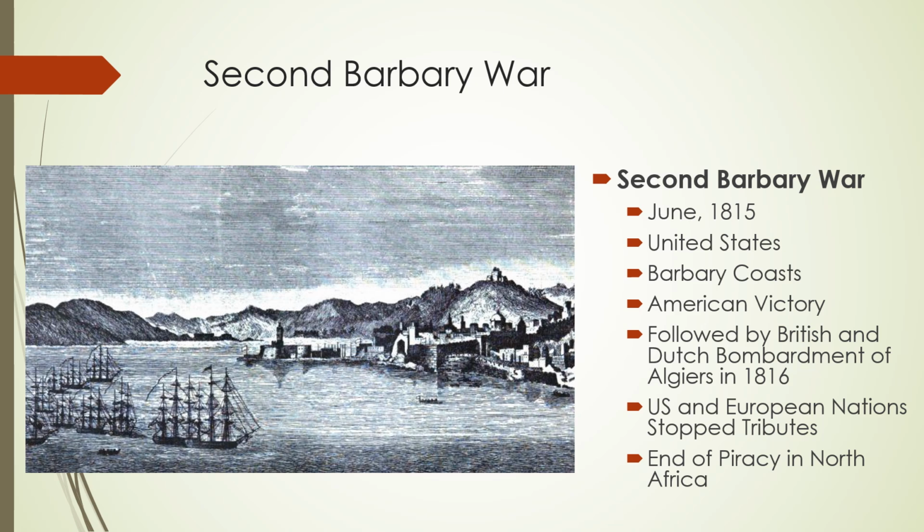All right, so picking up where we left off with the War of 1812, we do need to mention the Second Barbary War. Now we talked about the First Barbary War during Jefferson. This is really just a very brief resurgence of conflict in that area. If you remember, we're talking about the Mediterranean Sea and North Africa.